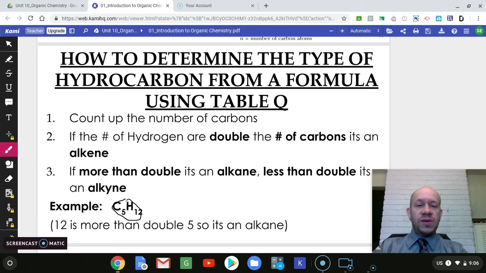Count the number of carbon atoms. So in this case, I have 5. If the number of hydrogens is double the number of carbons, it is an alkene. If more than double, it's an alkane. If it's less than double, it's an alkyne. So in this case, 12 is more than double 5, so it's an alkane. So we'll follow this rule here.